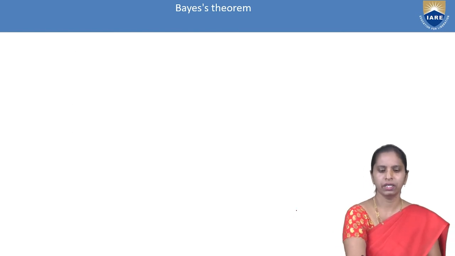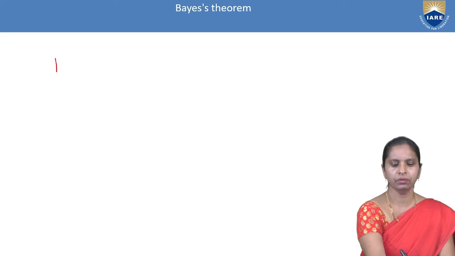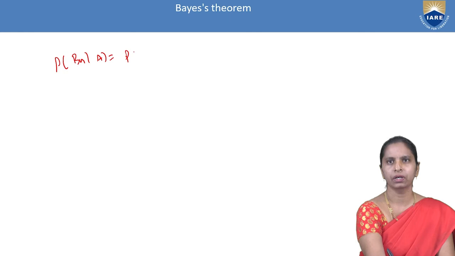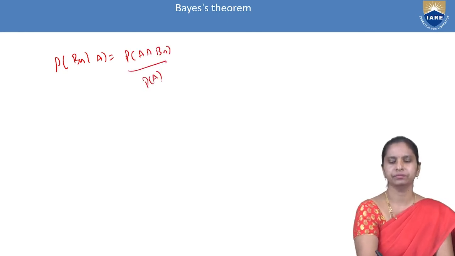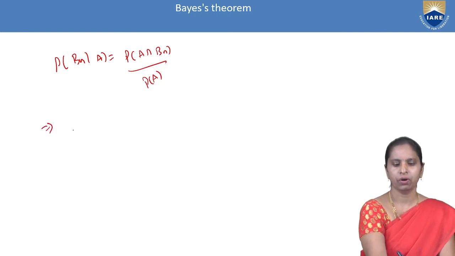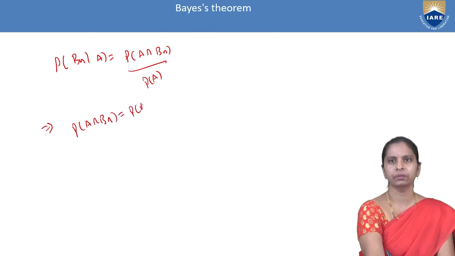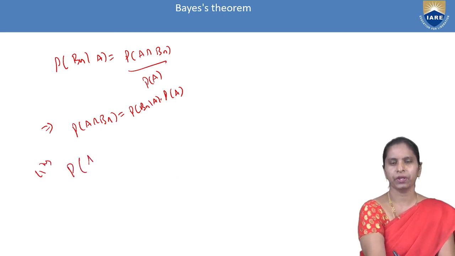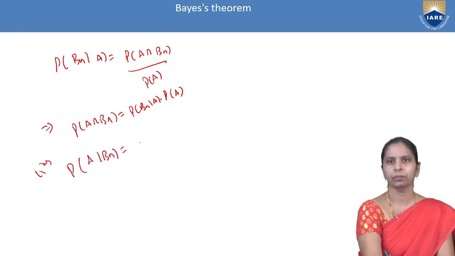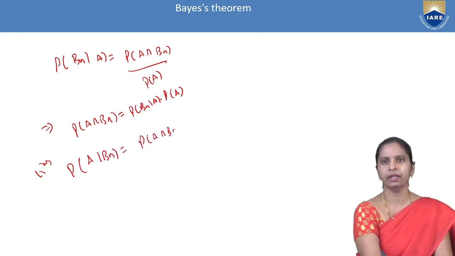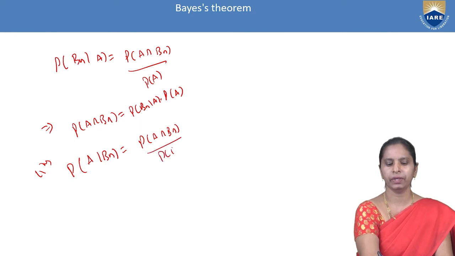P of Bn given A is equal to P of A intersection Bn divided by P of A. From this, P of A intersection Bn is equal to P of Bn given A into P of A. Similarly, P of A given Bn is equal to P of A intersection Bn divided by P of Bn.